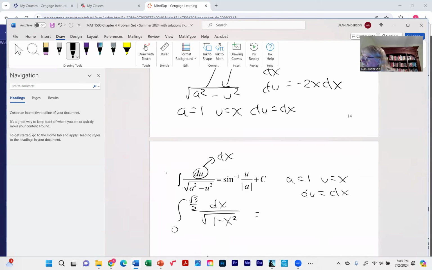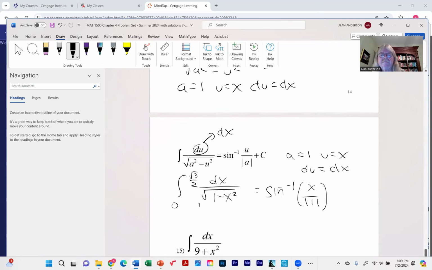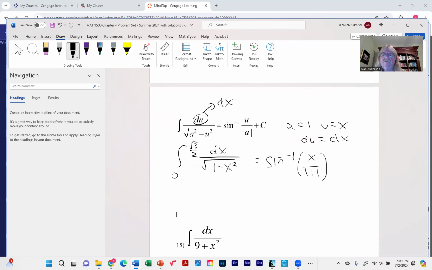So we end up with arc sine. U is x. Now a is 1, so the absolute value is irrelevant. We don't need the c because, of course, this is a definite integral. So, oh, and of course, this whole thing has to be evaluated from 0 up to radical 3 over 2.